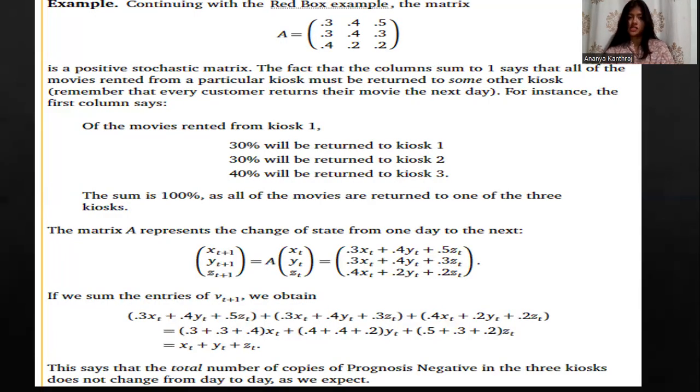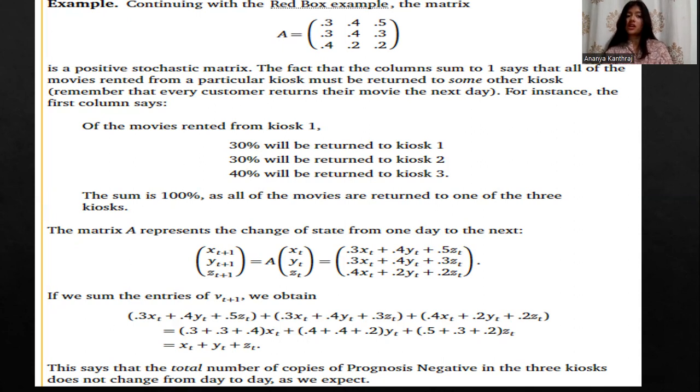So let us look into the first example, continuing with the red box matrix. A equals the given matrix. It includes 0.3, 0.4, 0.5 in the first row, 0.3, 0.4, 0.3 in the second, and 0.4, 0.2, 0.2 in the third. So it is a positive stochastic matrix. The fact that the columns sum to 1 says that all the movies rented from a particular kiosk must be returned to some kiosk.